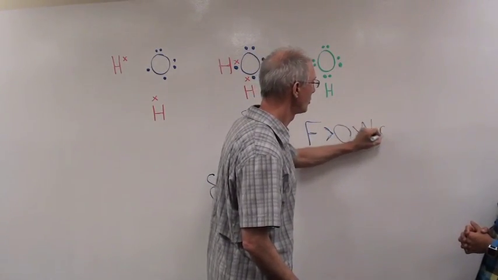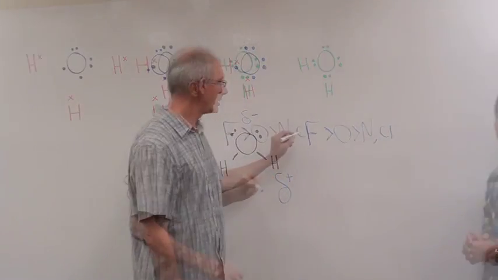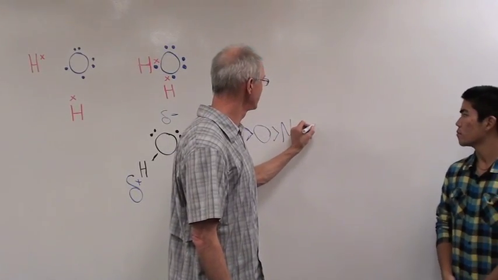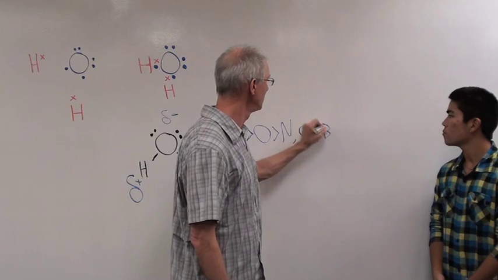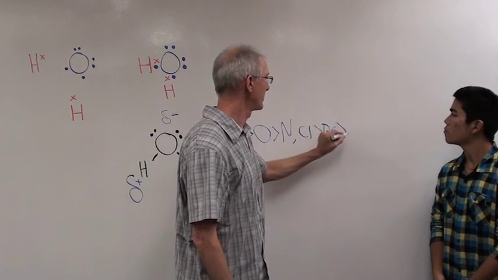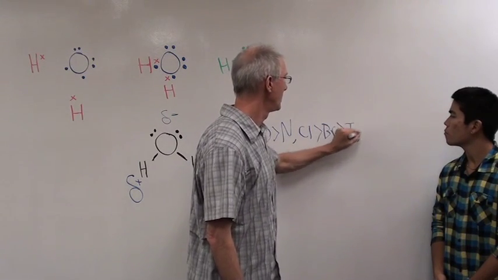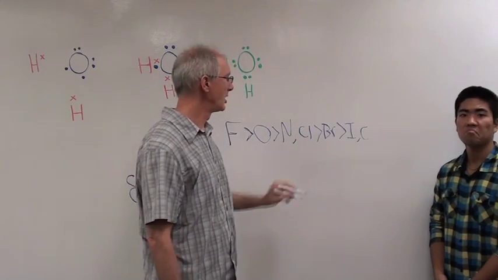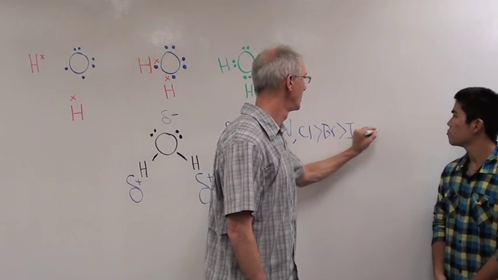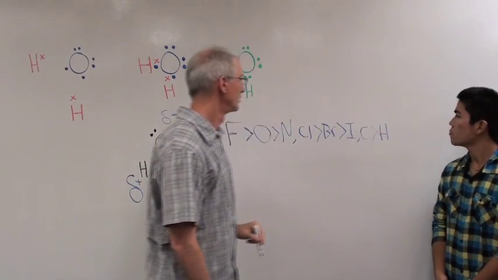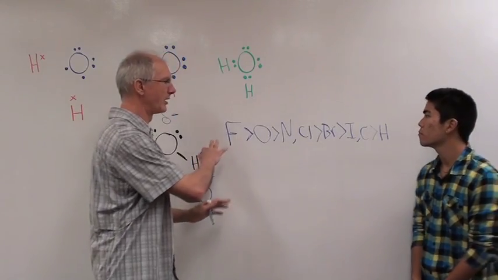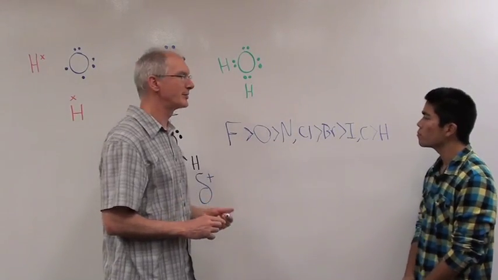Nitrogen and chlorine are about the same. And after that is, I think, bromine. And after that are things like iodine and carbon, which are about the same. And then hydrogen.